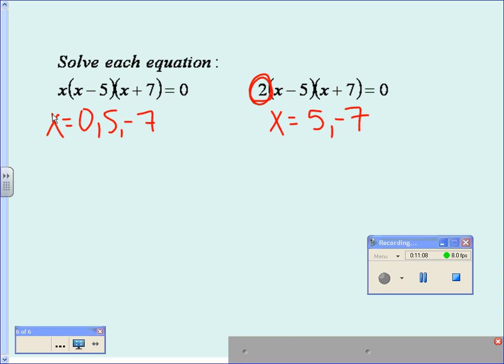Does that make sense? Like there's no way for that 2, that part of it, to make the equation equal 0. Only 5 and negative 7 will make the equation 0.